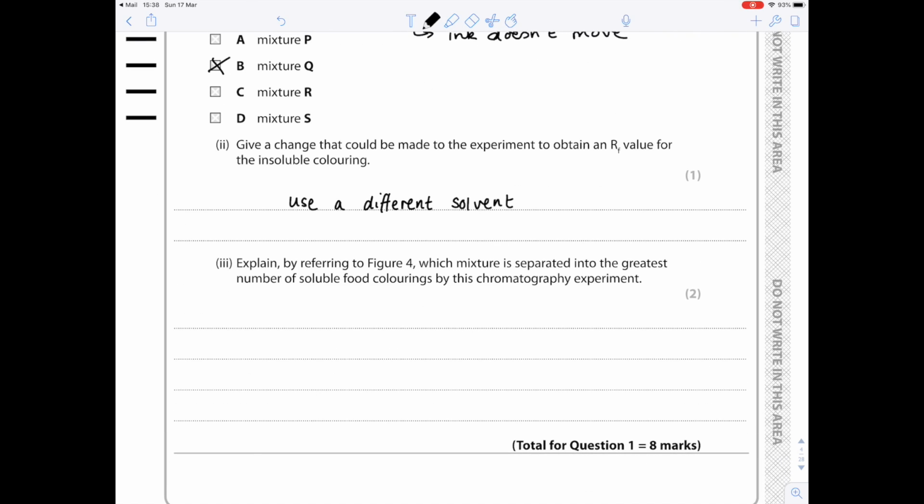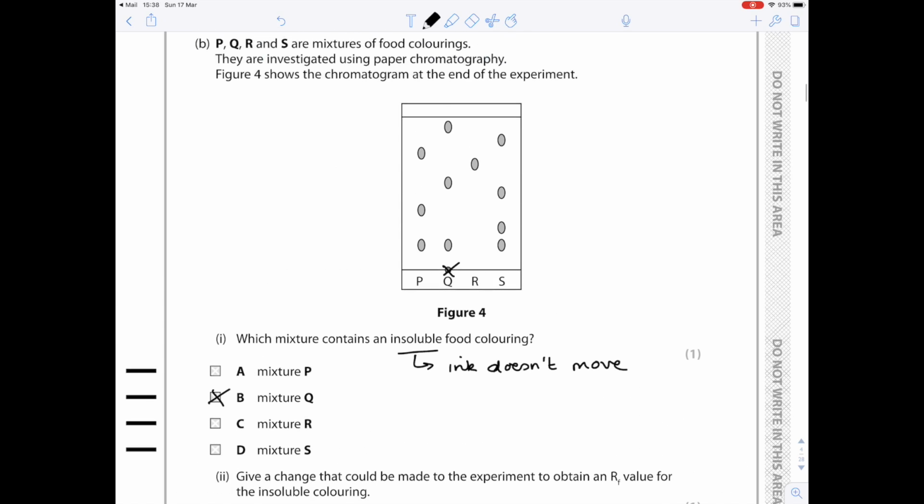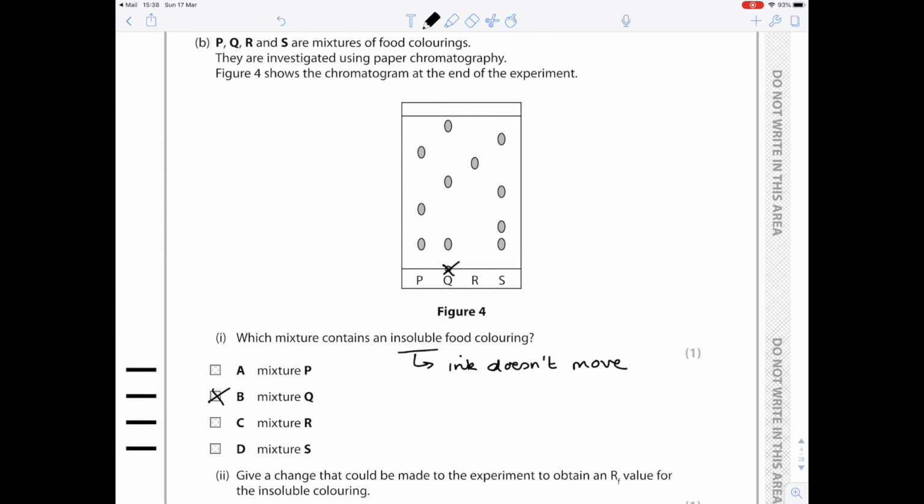Explain by referring to figure 4 which mixture is separated into the greatest number of soluble food colourings by this chromatography experiment. So you're looking for, out of P, Q, R and S, which has the most number of dots.